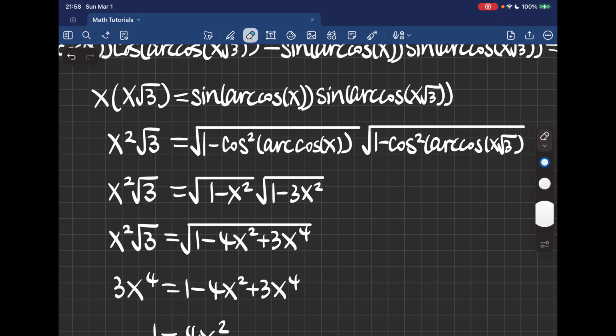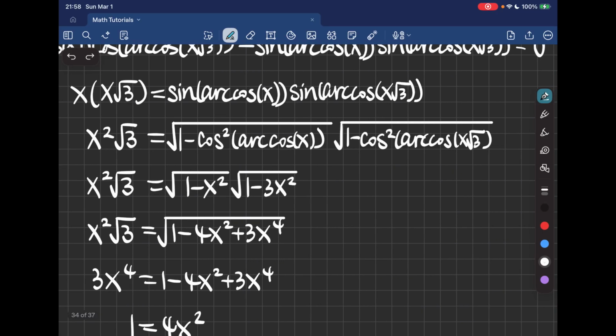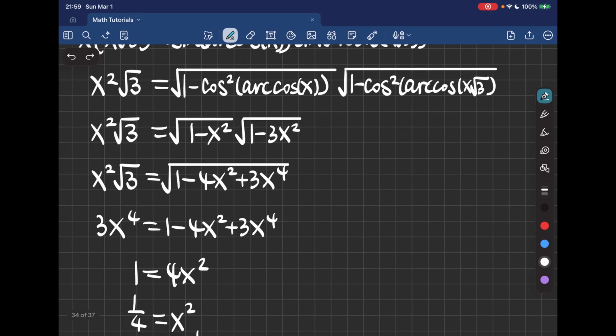And we want to use this rule because what is convenient is that you have cosine and arc cosine, so you can cancel out this trig effect, right? So you have 1 minus x to the power of 2 here, under a square root, times 1 minus 3 times x to the power of 2 under another square root. That is because you have this thing to the power of 2, which ends up as 3x to the power of 2.